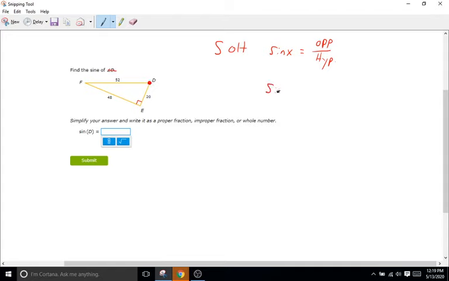So sine of D is going to equal the opposite side of where D is. So the opposite is going to be 48 over the hypotenuse. The hypotenuse, again, is always the side that is opposite of the right angle, which is 52. So it's going to be 48 over 52.